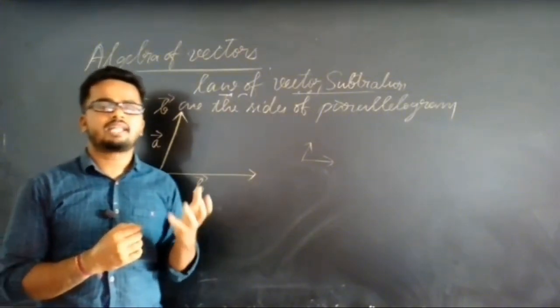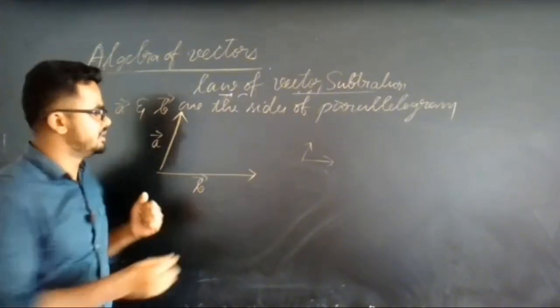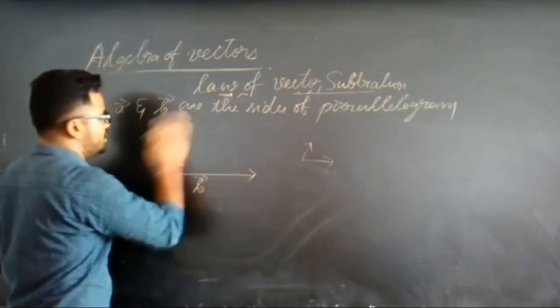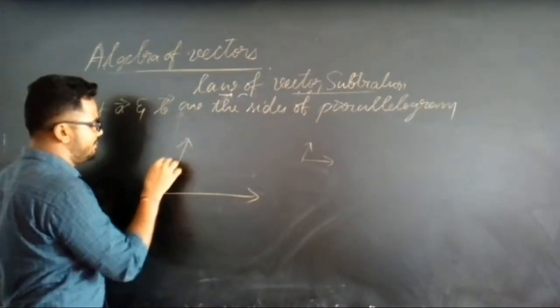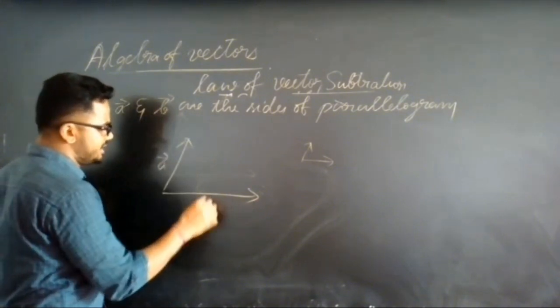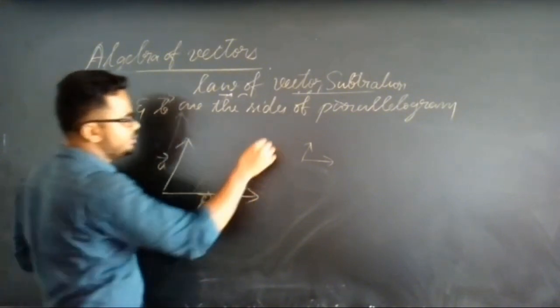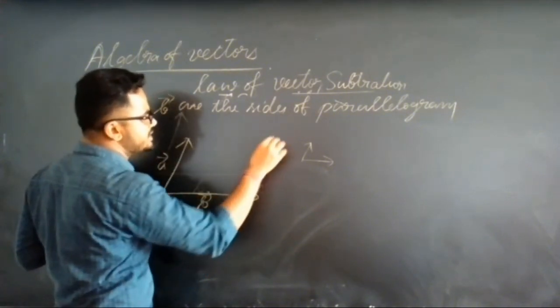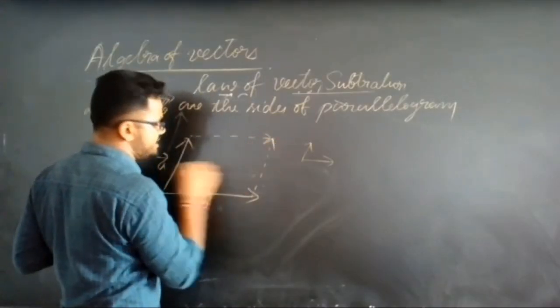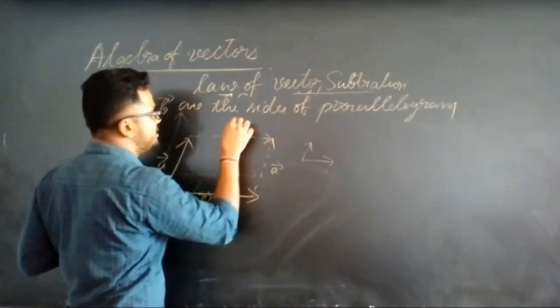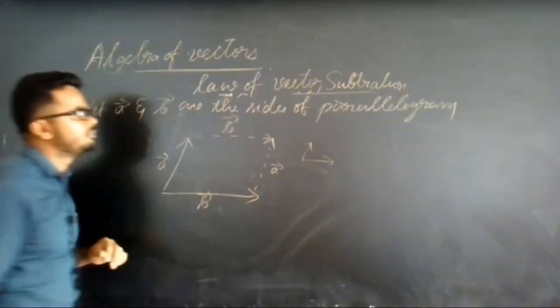Then where the resultant will be is the question. If I make this figure bigger, because it is not so visible, this is A. If I consider this is B, you already know that in a parallelogram opposite sides are equal. If this is A, this also will be A. If this is B, this also will be B.